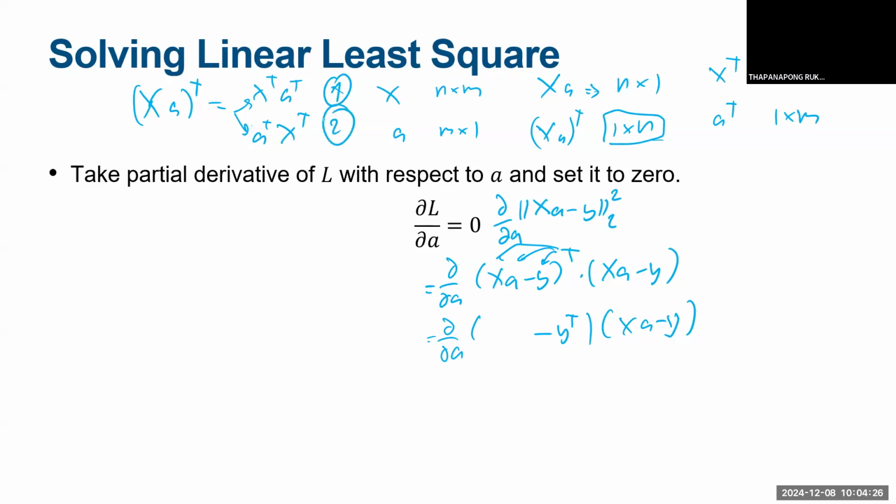So which one of these gives me 1 times N? 1 or 2? 2. If we do 1, I cannot do 1 because the dimension doesn't match. I can only do 2. So this one you get A transpose times X transpose.